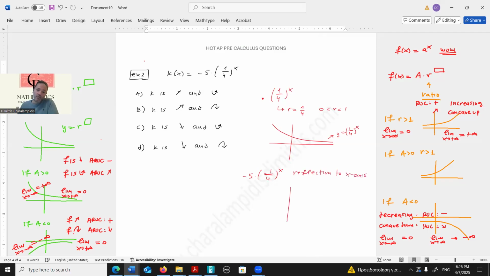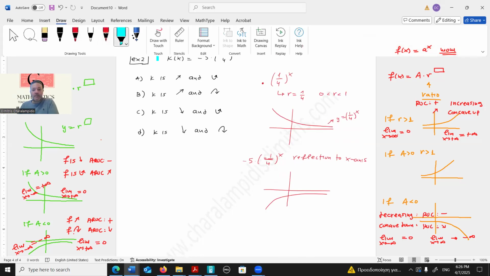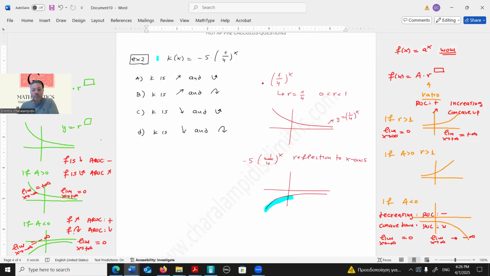So if the original graph was reflected to the x-axis, it would look like that. So this, the last graph, let me also highlight it. This could be the graph of minus 5 times 1/4 to the power of x.